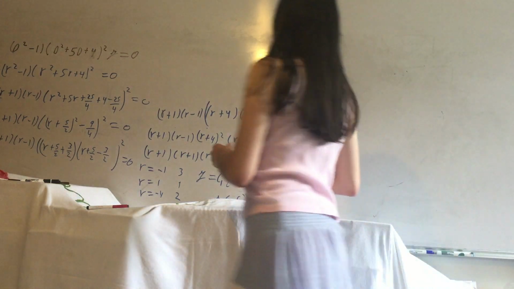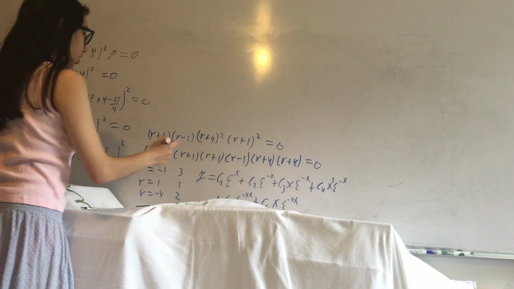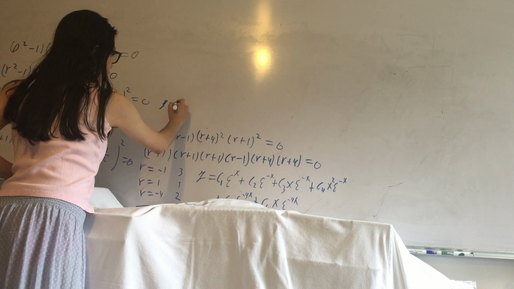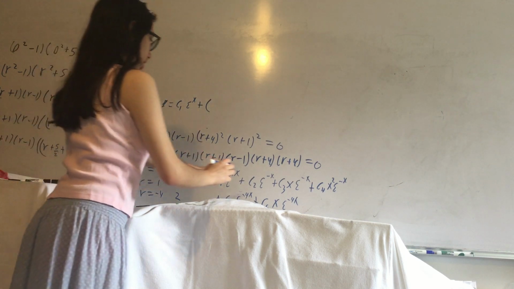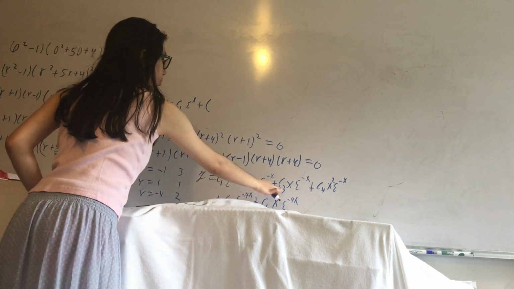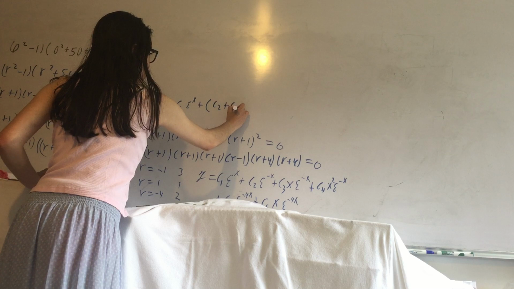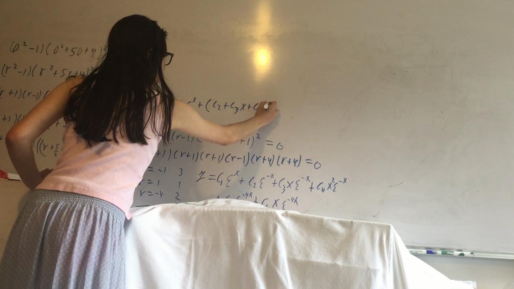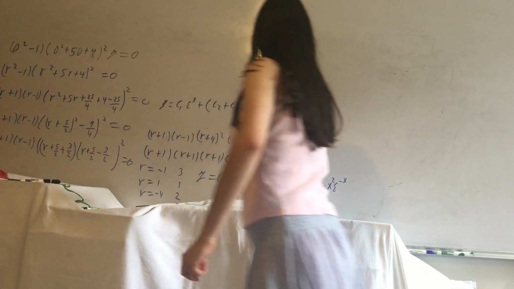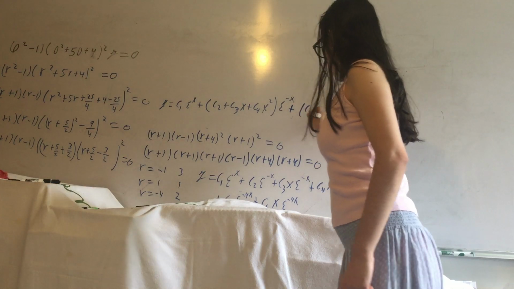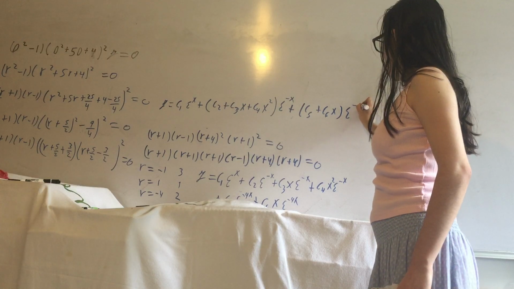Or in order to put it more reduced, we can say y is equal to c1 e to the x plus, I will factorize the e to the minus x, so I have (c2 plus c3 x plus c4 x squared) times e to the minus x, and the same with this, plus (c5 plus c6 x) e to the minus 4x.